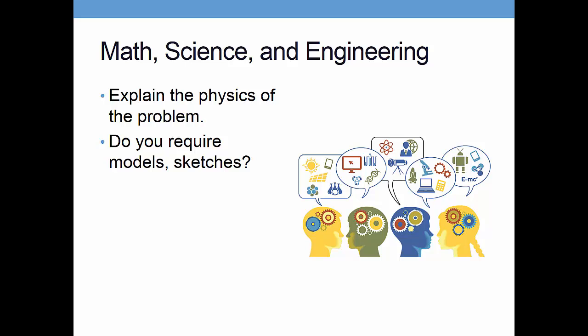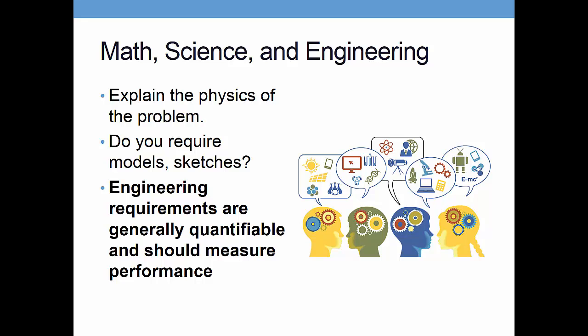For the most part, you must remember that engineering requirements are generally quantifiable and should measure some form of performance. Can your product perform faster at higher temperatures? How do you measure its efficiency? Once all this can be determined, then your benchmark criteria are established.